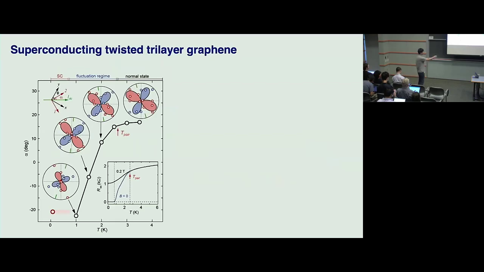Superconductivity starts to onset, that corresponds to this point. And as superconductivity starts to become stronger, the circle marks the angle of the principal axis. So as you can see, as superconductivity starts to onset, this anisotropy starts to rotate, which is very similar to what people reported in cuprate material.